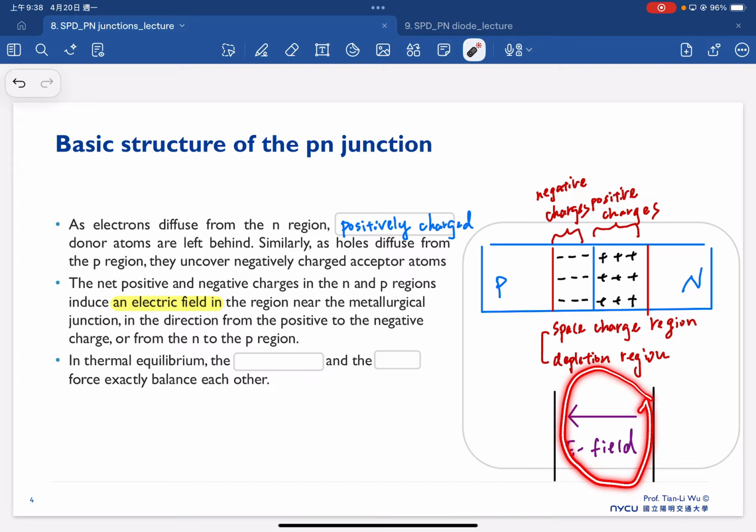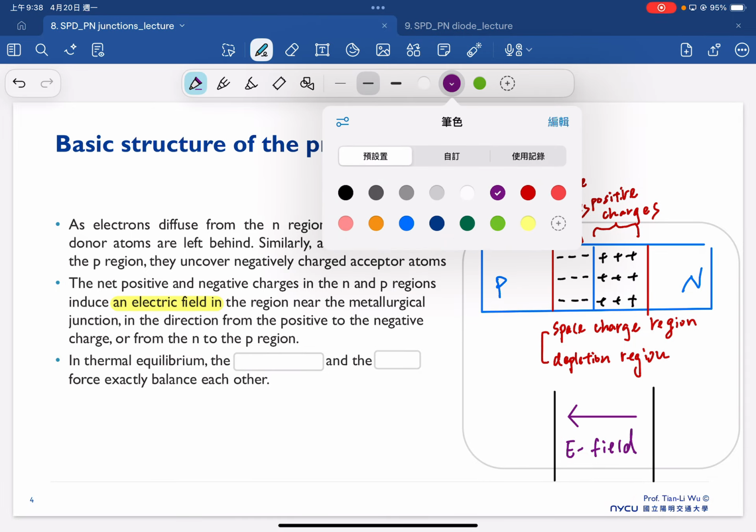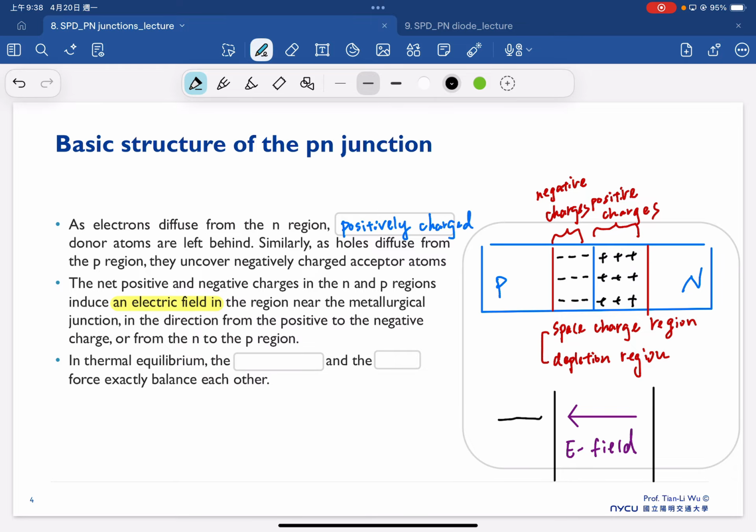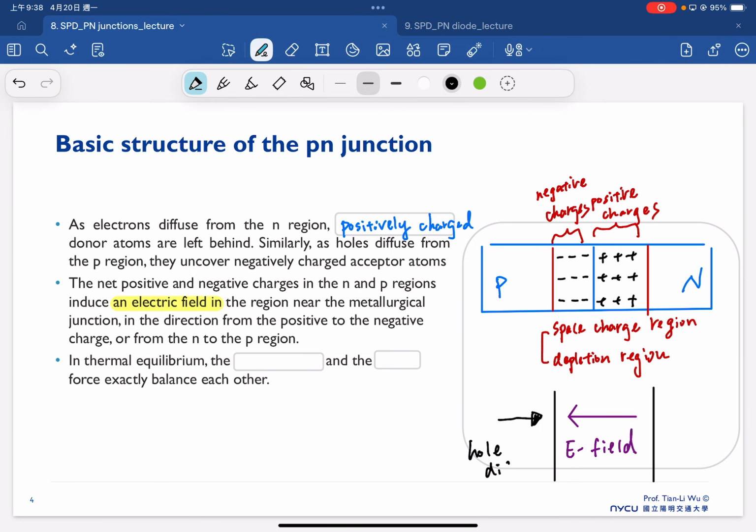Because of this positive and negative charge, an electric field is induced in this space charge region, and this electric field will try to stop the diffusion. Originally we have the diffusion of holes from left to right and the diffusion of electrons from right to left, and because of this electric field we will start to see a balance.